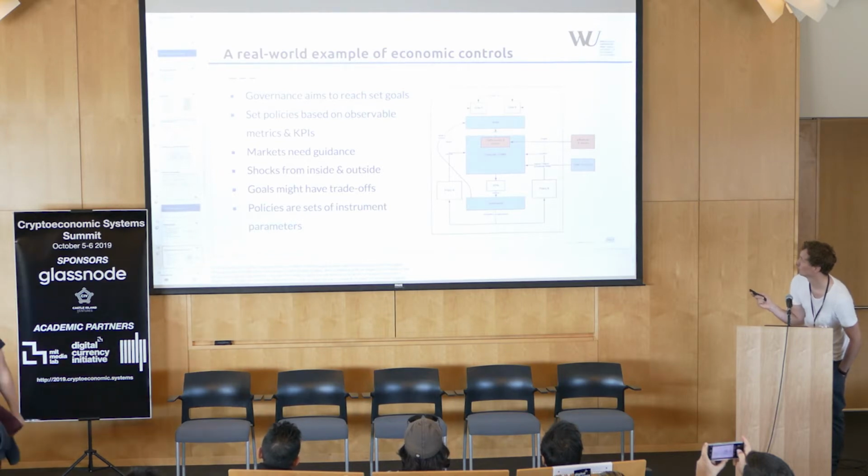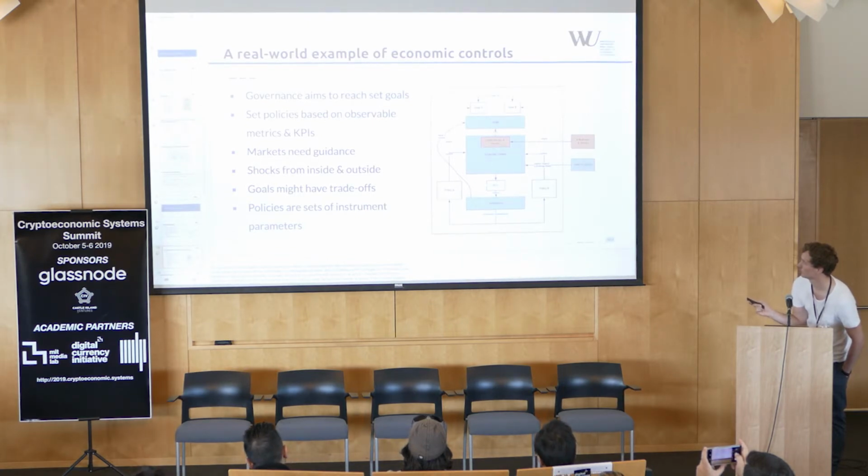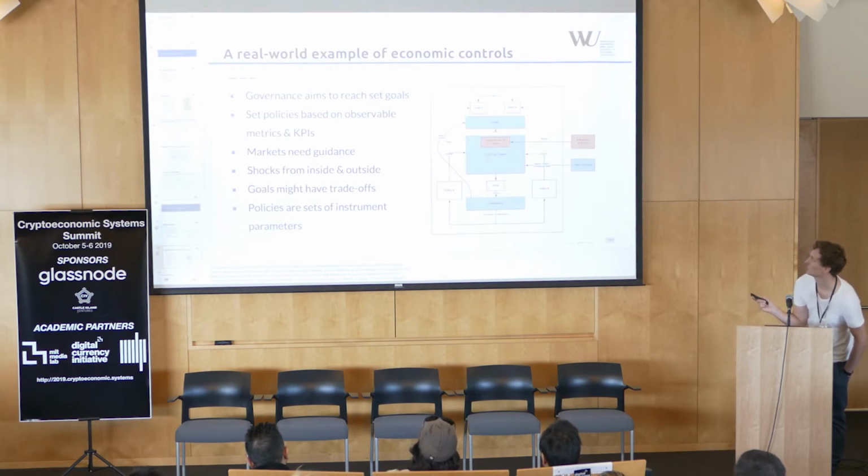Then you have goals for the system, and you want to reach them, but you don't know how. So you observe this economic system and derive some KPIs from it, which inform governance. And the governance is aimed to do something in order to achieve these goals. So the tools of governance are policies. So you can use this, policy A, you can use this, policy B, which is set to reach this goal here, which is set to reach this goal here. And what you can see is that you have trade-offs.